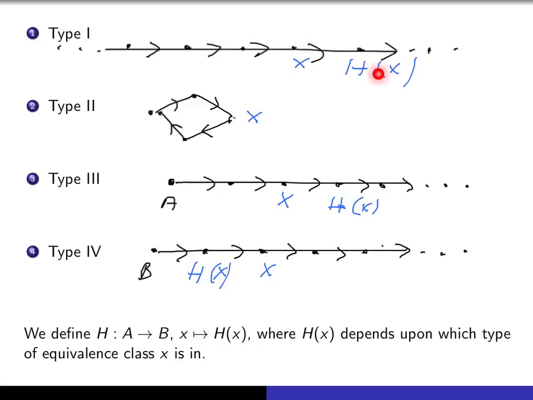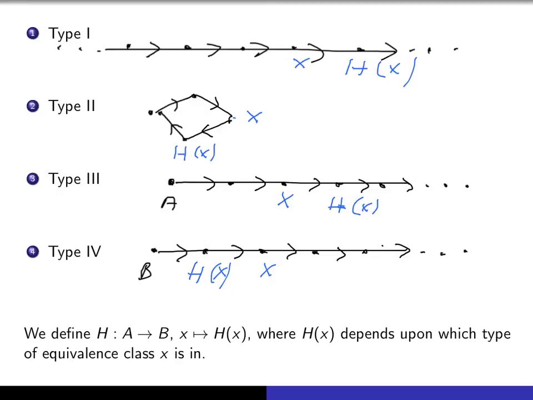In other words, we just take f of it. If x lies in an equivalence class of type 2, once again I'm going to take f of it. This is going to be my h of x here. See, I'm just going on the forward direction of the arrow. And similarly, if you're in type 3, I'm going to map h of x to this vertex here.